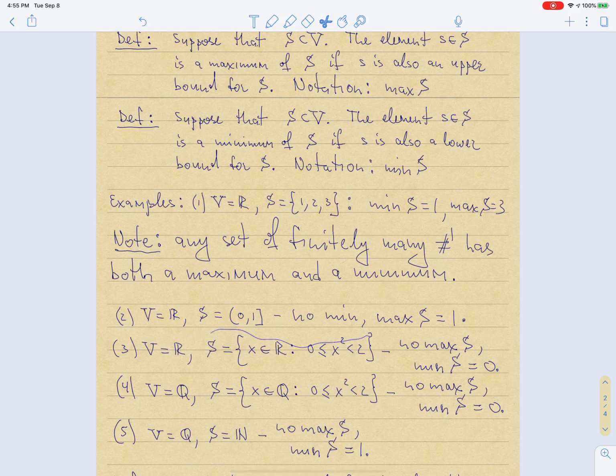Similar for this guy, where we define S as x squared between 0 and 2, not including 2, then maximum does not exist, because maximum would have been square root of 2 should it be included, but it's not. And the smallest element is 0, so minimum is 0. Similar to this, if I do exactly the same thing, but now I'm sitting in a set of all rationals, then just like in the previous case, this set is not going to have a maximum because 2 is not included, but it would have a minimum which is equal to 0.